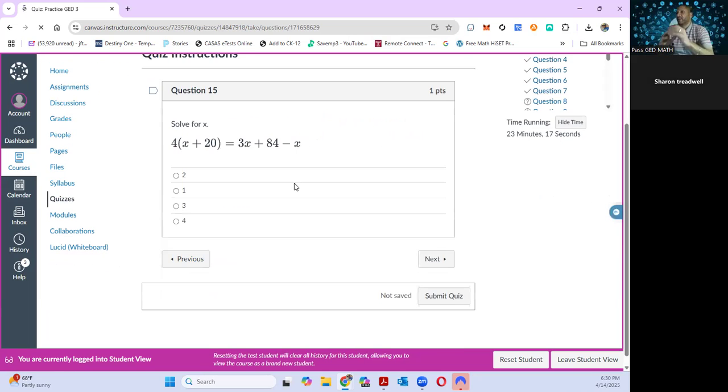Solve for x. 4 times the quantity x plus 20 is equal to 3x plus 84 minus x. Now see, it'd be easy if I could put it in my calculator, or use the answers. Okay, let's solve for x, right?